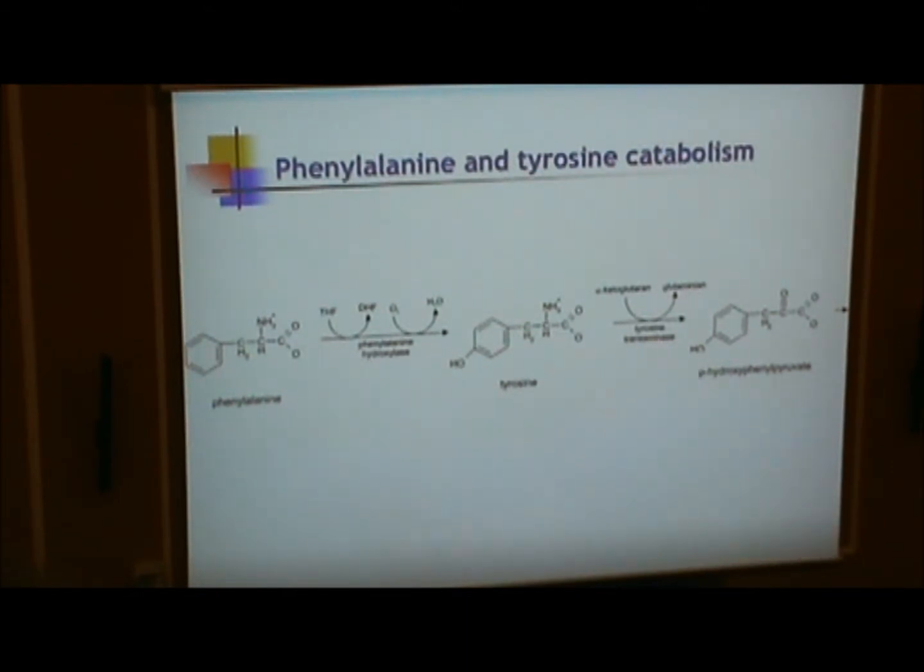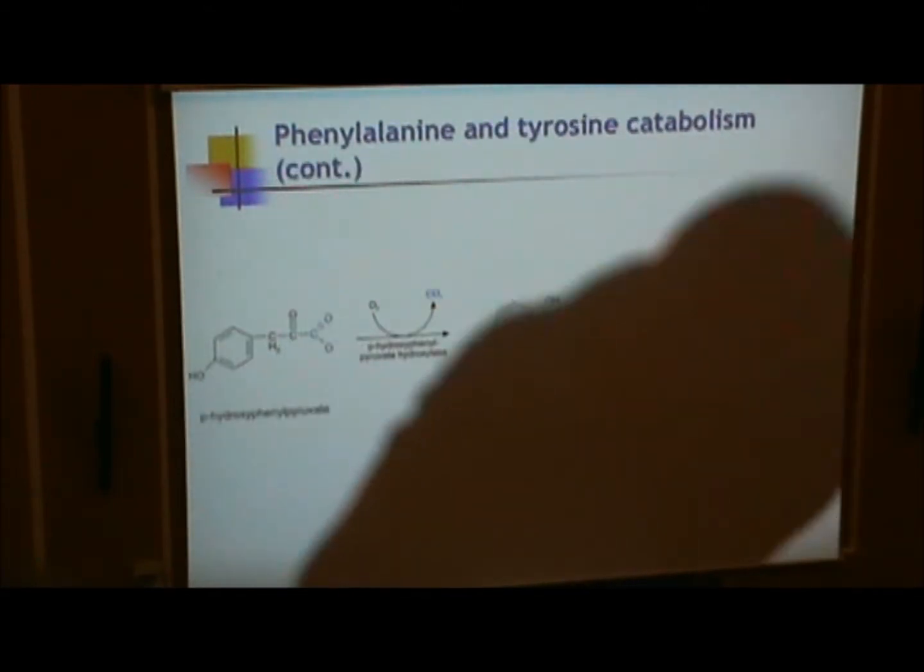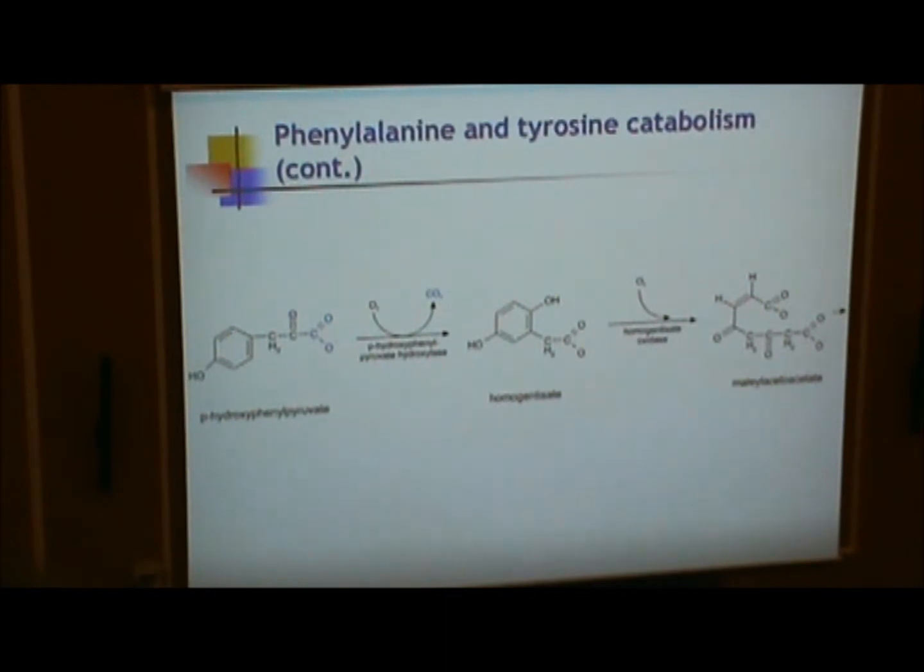What happens next? In the next step, the product of the former reaction, para-hydroxyphenylpyruvate, is submitted to the action of para-hydroxyphenylpyruvate hydroxylase.